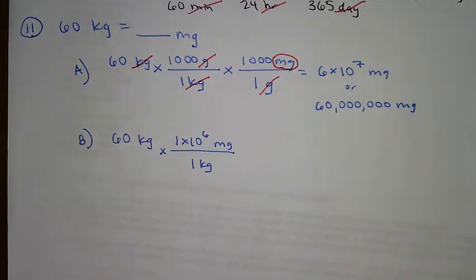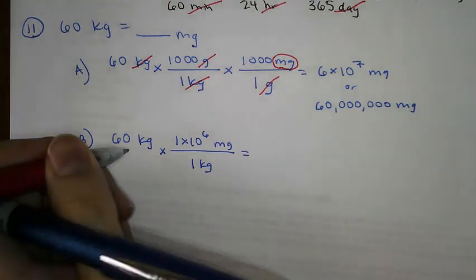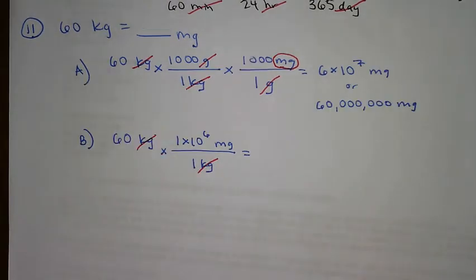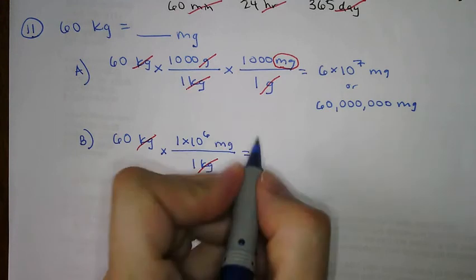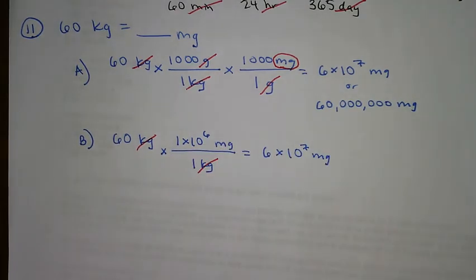If you know that, fantastic. You just saved yourself, I don't know, a little bit of time, maybe. Kilograms cancel, you're going straight to milligrams, all right? And you are going to get the same exact answer, okay?